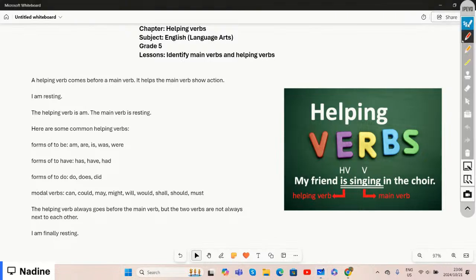So, firstly, before we even go to what a helping verb is, we need to look at a main verb, because in order for you to identify the helping verbs, it would be way easier to first identify what the main verb is.